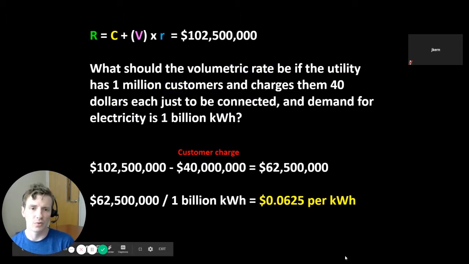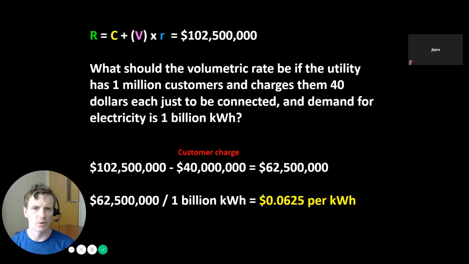So then we can also translate that into, in particular, a volumetric rate of electricity. So the question here is, what should the volumetric rate be if the utility has 1 million customers and charges them each $40 per year just to be connected to the grid? And then we're also going to say demand for electricity is 1 billion kilowatt hours.